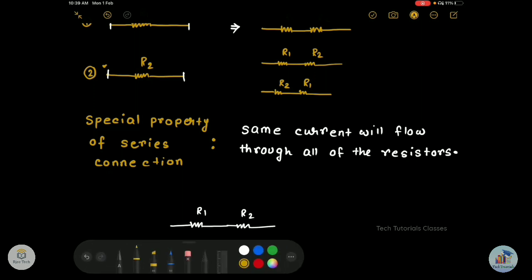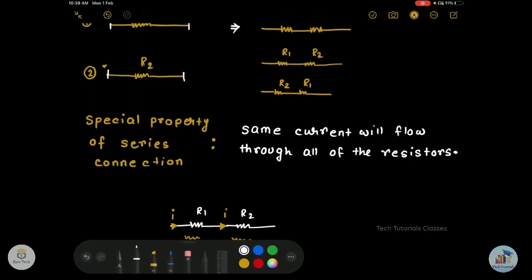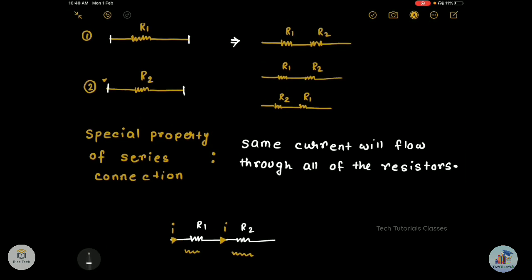So suppose a current I is passing through R1. The current I when passed through R1 will come over here, right? So the same current I that passed through R1 again will pass through R2, right? So in a series connection, the same current flows through all the resistors. That means the same current I is flowing through both R1 and R2.